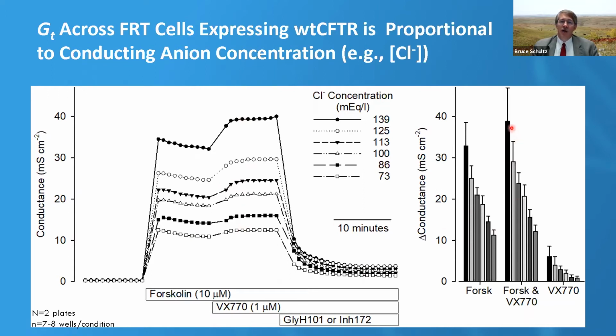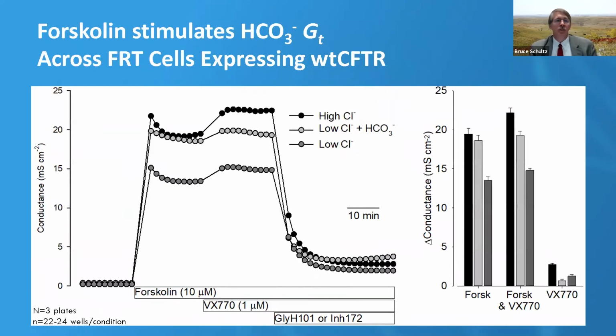We see a higher overall conductance in each condition, and by subtraction, we get the increment in conductance that's attributable to VX770. I want to call your attention to the open circles here associated with 125 milliequivalents per liter of chloride, and the open triangles at 100 milliequivalents per liter. Those are the two concentrations of chloride that we will use in the remaining experiments, in which we set out to determine, can we detect a bicarbonate conductance that's associated with CFTR?